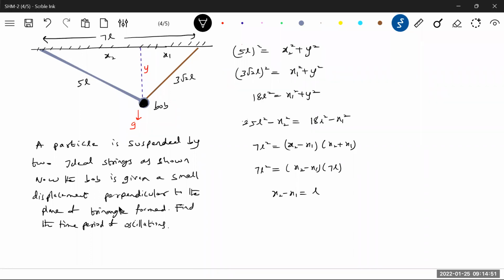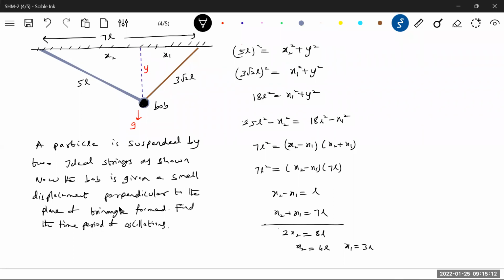And we know the other equation, adding up these two. Okay, then can we calculate y?